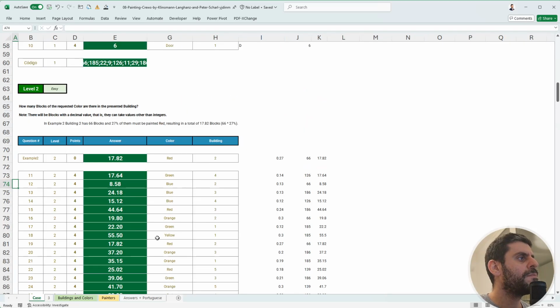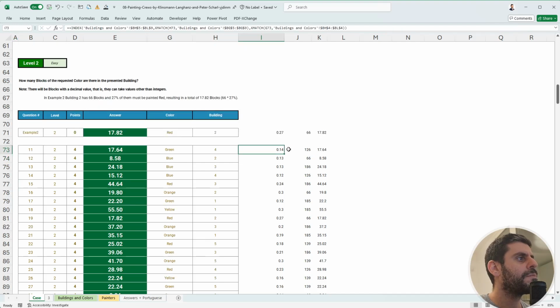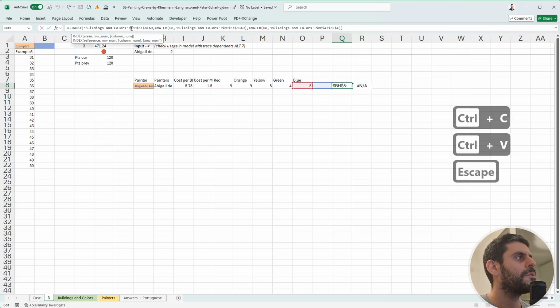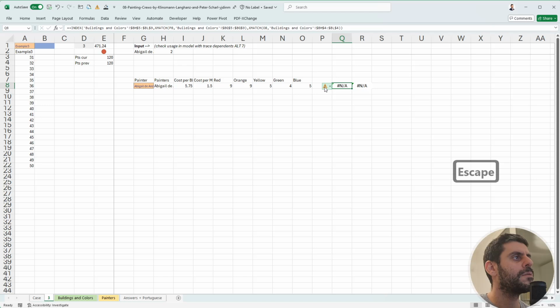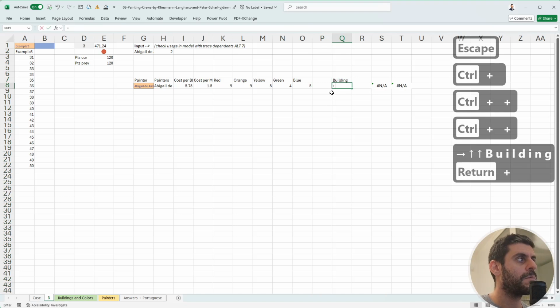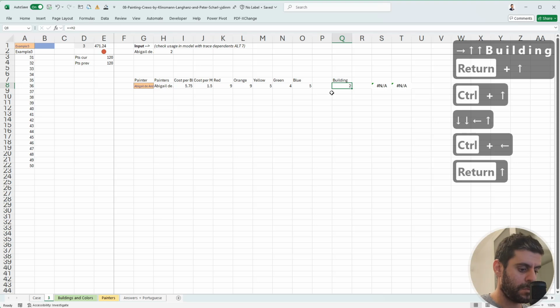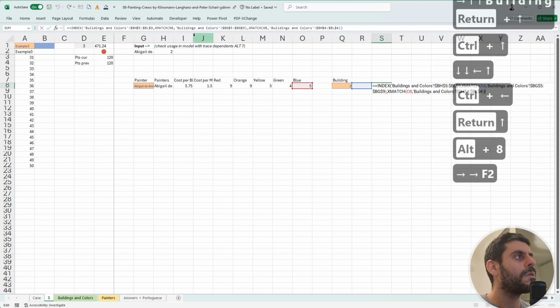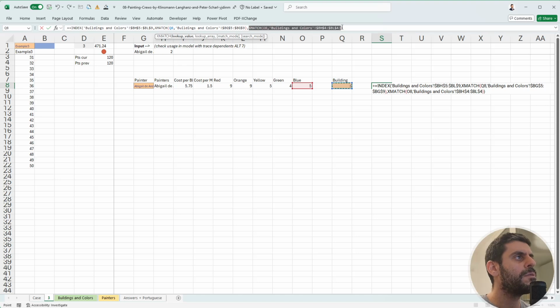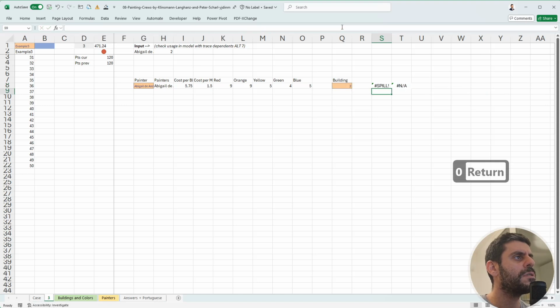Okay, so this is, so building is this one, and I want all the colors actually.